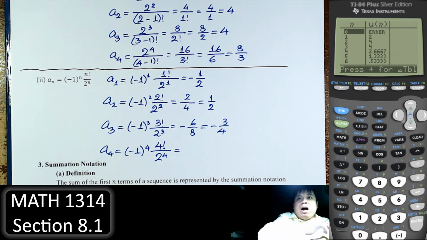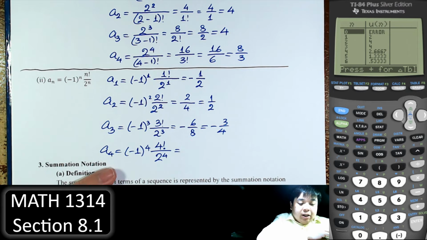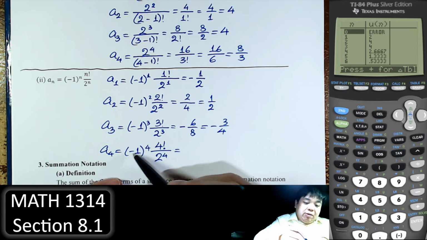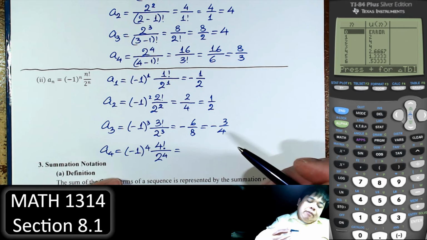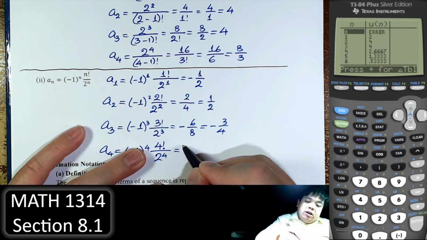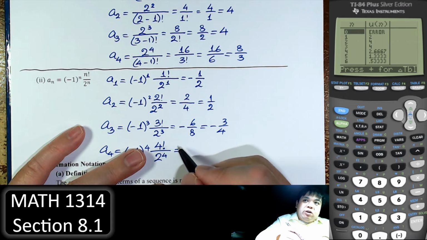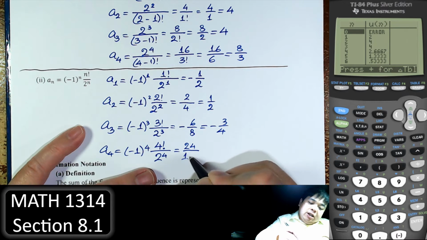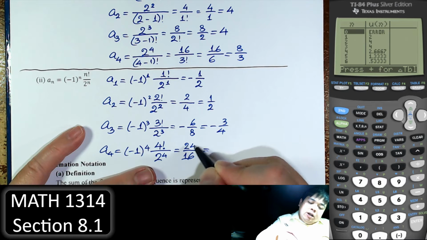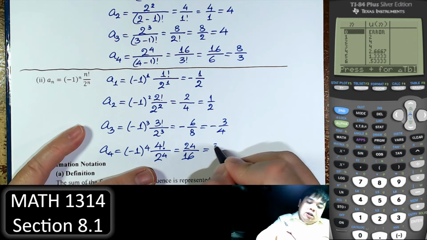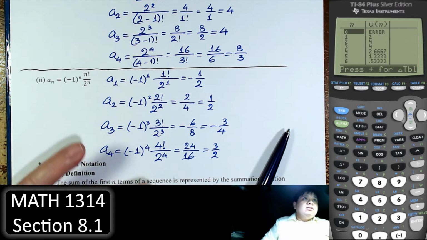Negative 1 to the fourth power is 1 because it is an even power, so we have an even number of negative signs, so just 1. 4 factorial is 1 times 2 times 3 times 4, 24 over 16, reduced by 8, 3 halves, right?